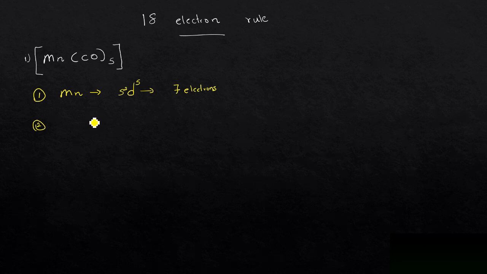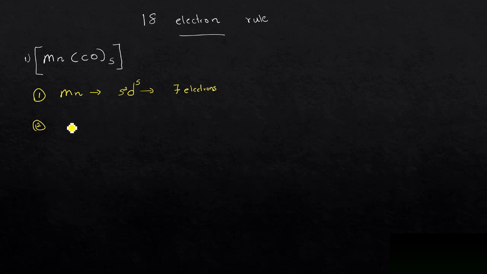In the second step, you need to calculate the number of electrons which all the ligands have contributed to our metal center. This is a little bit of a tricky part, because you mostly cannot logically look at the ligand and determine how many electrons it will give. It is a little bit harder, so I have given a table in the later part of this video. Please check it out.